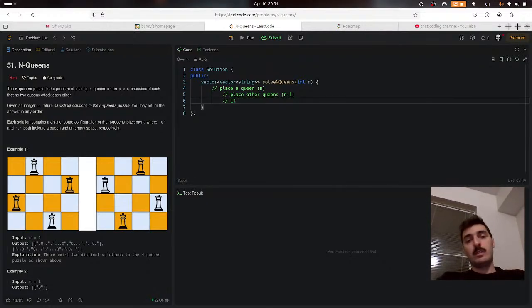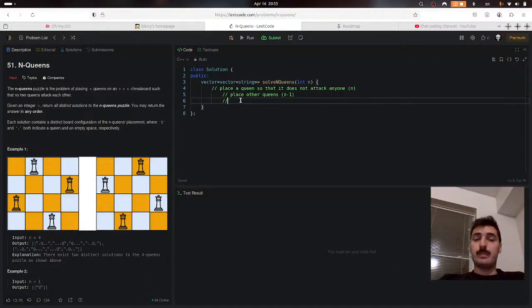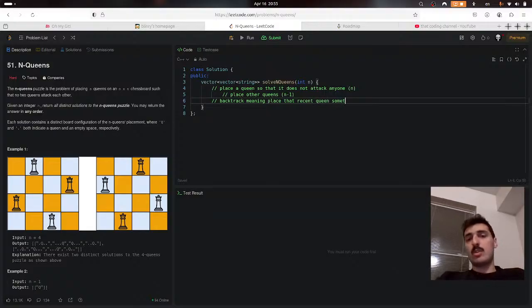I think we can place a queen so that it does not attack anyone, place other queens so that they do not attack, and then backtrack, meaning place that most recent queen somewhere else.